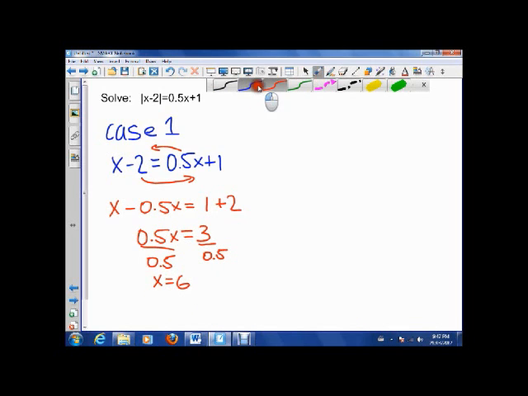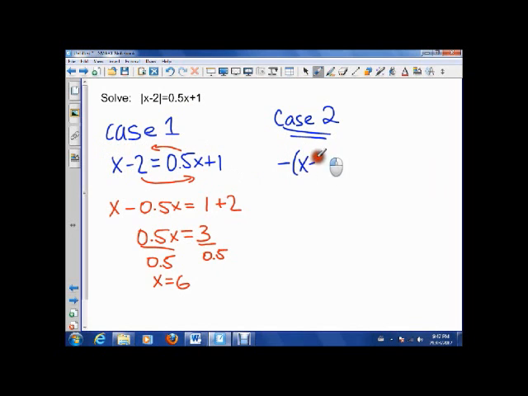Now let's do case 2. I'm going to do the negative of this. So negative x minus 2 is equal to 0.5x plus 1. So negative x plus 2 is 0.5x plus 1. I'm going to do the same thing that I did here.